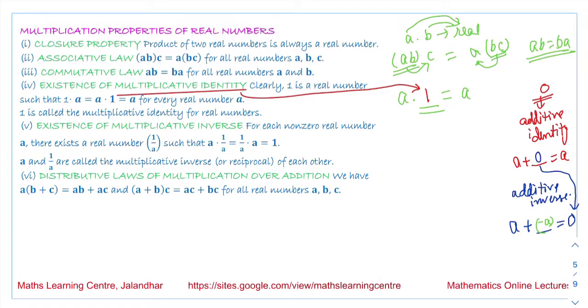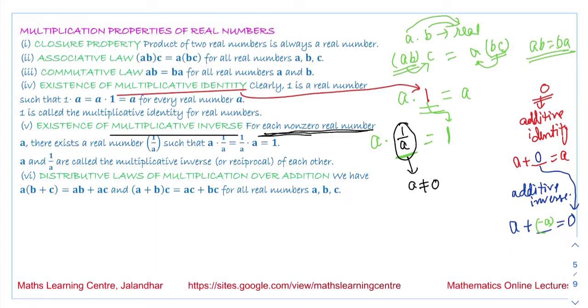Now for multiplicative inverse, we are saying a into dash is equal to 1, the multiplicative identity. So what I have to multiply over here is 1 over a. But it is important to note over here that a should not be equal to 0. It means multiplicative inverse exists for each non-zero real number.